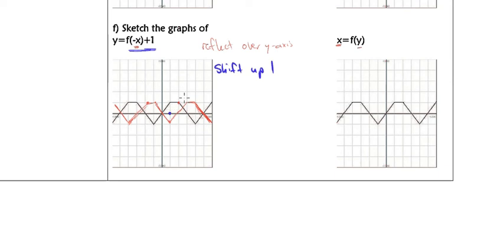So all the points have the same x values, just our output is 1 higher now. And there we go, so looking something like this is our final graph.